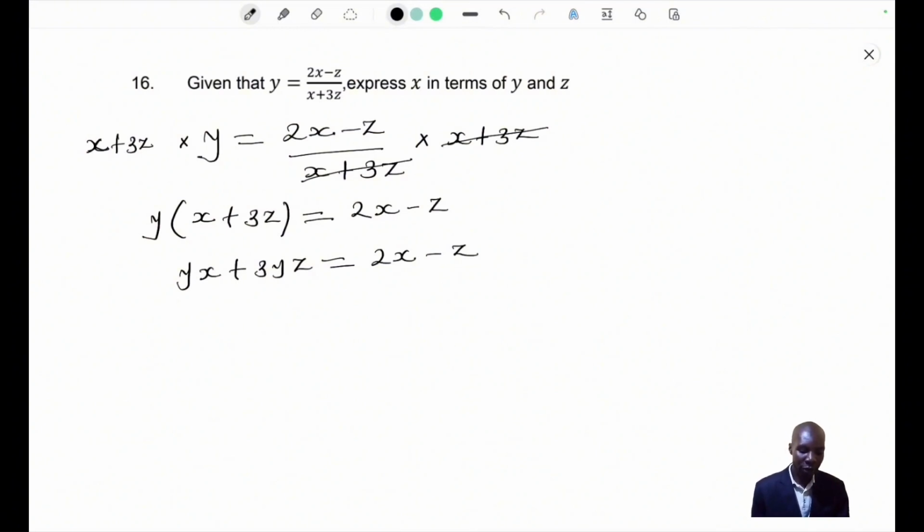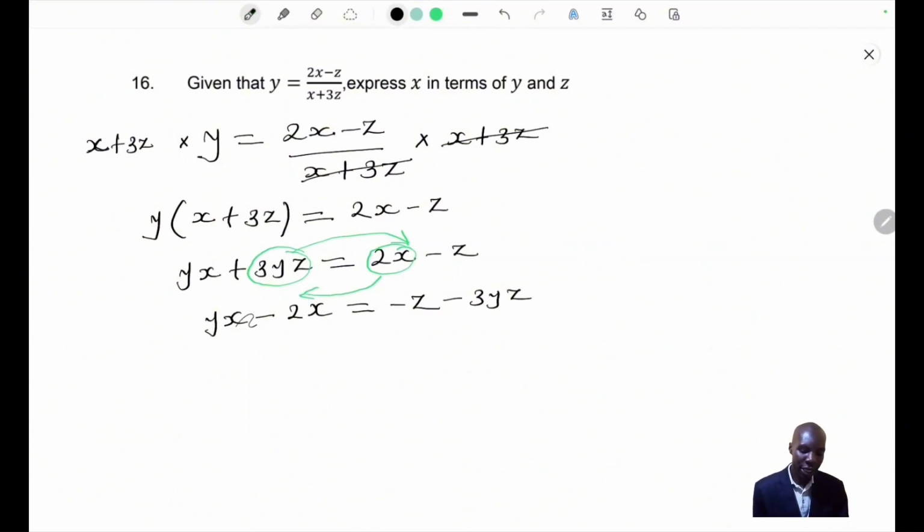Let's bring the x together. So we'll have yx, take away 2x, equals minus z minus 3yz, because we made this cross to this side, becoming negative, and this cross to the other side, becoming negative.